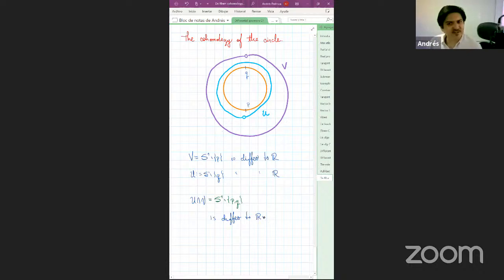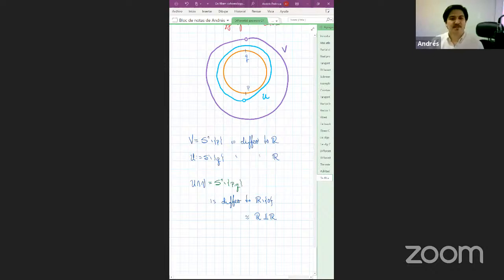Let's say the origin. But again, the real line minus a point is diffeomorphic to 2 copies of the reals, right? Disjoint, 2 disjoint reals. Okay? Great.